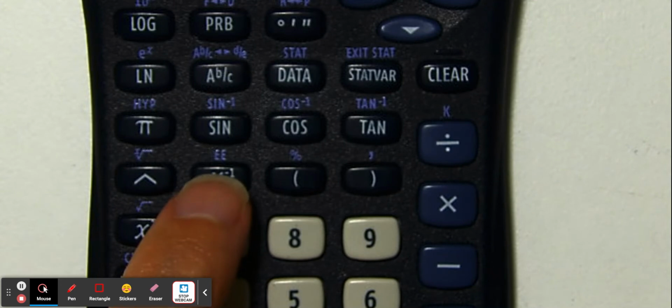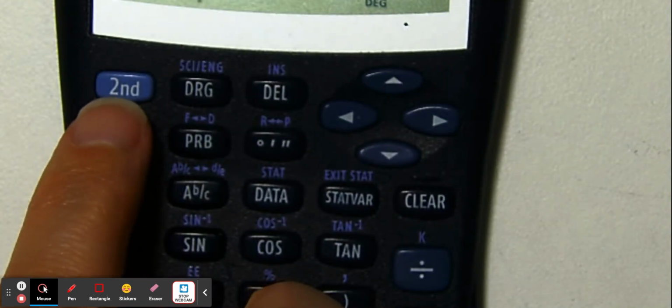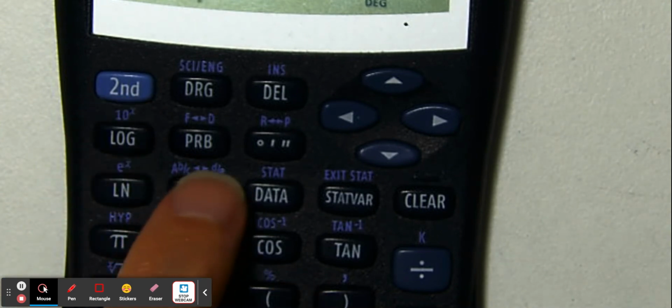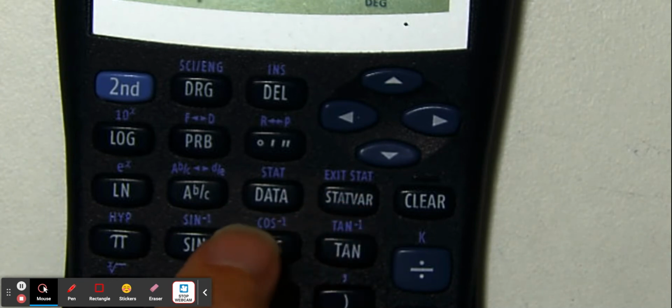That means you're going to have to use your second function or your shift or whatever you use. In this calculator, you have the blue second button. Whenever you hit the blue second button, that will enable you to use the blue functions that are above the keys.